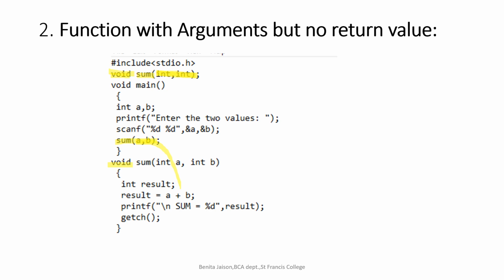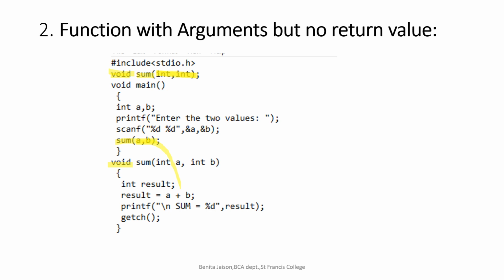Here we are calling the function sum, passing two integer variables. In the function definition, we can see that sum is indicated by no return data type, which is void, and two values are passed as arguments, integer a and b.